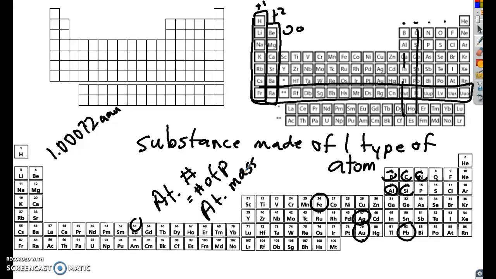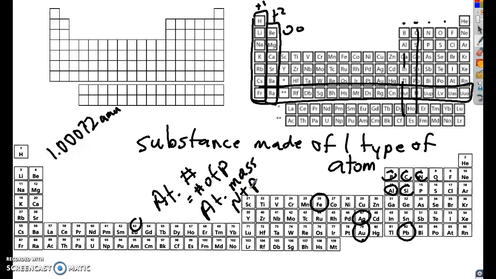It has to do with the mass. And the mass is basically the neutrons plus the protons. Okay, because if you remember, neutrons have a mass of 1 AMU, protons have a mass of 1 AMU, but electrons are so small that their mass is 0. So basically, the atomic mass is just the neutrons plus the protons.